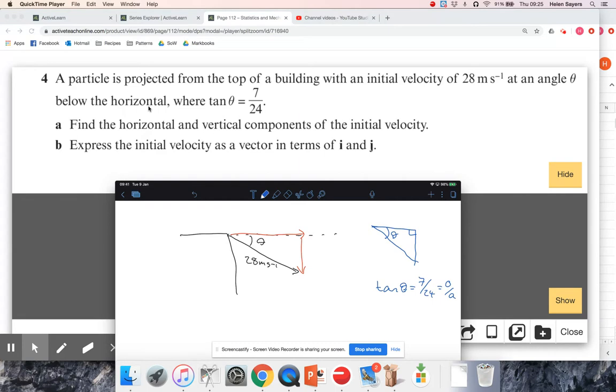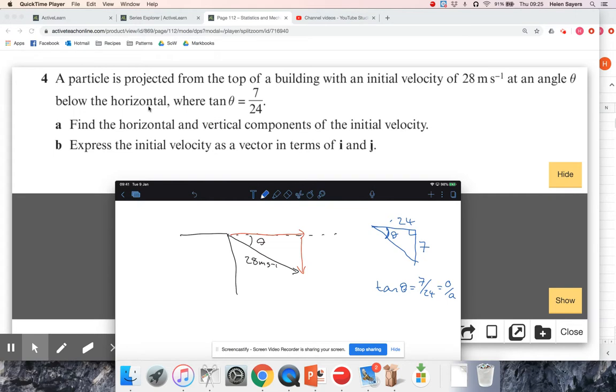So if this is my angle theta and tan is opposite over adjacent, this is my opposite side, so that's 7. This is my adjacent side, so that's 24. Then I use Pythagoras.